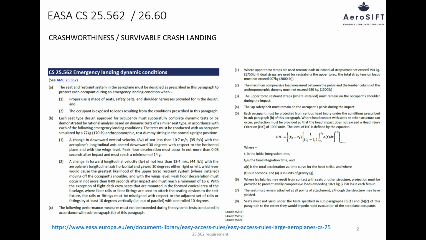What is the purpose of this regulation? In an emergency landing, seats and seat belts are the primary line of defense against injury. So, this regulation ensures that the passengers can survive high impact simulations with a minimized risk of severe injury by ensuring the seats, their attachments, and restraint systems such as seat belts are strong enough to protect passengers during a crash or emergency landing.